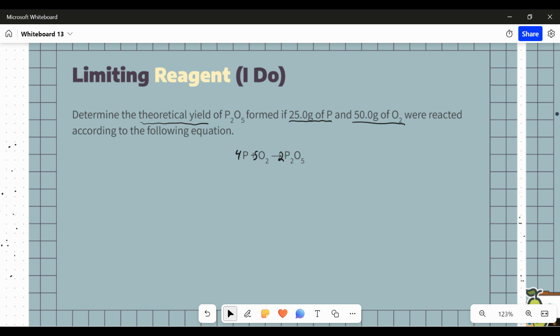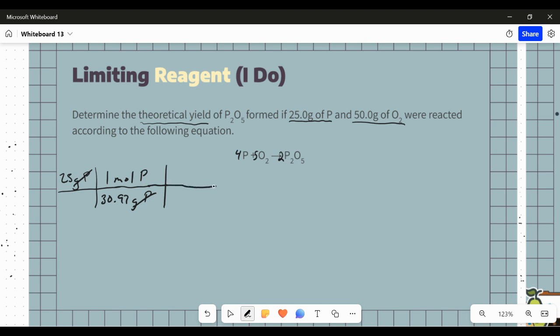So I'm going to take 25 grams of phosphorus, and I'm going to convert this into moles of phosphorus. So 1 mole of phosphorus is going to be 30.97 grams of phosphorus. That's the molar mass from the periodic table.